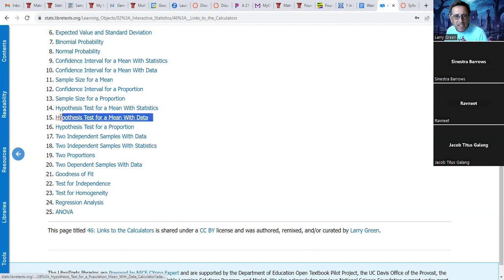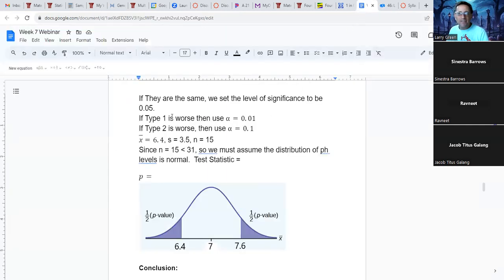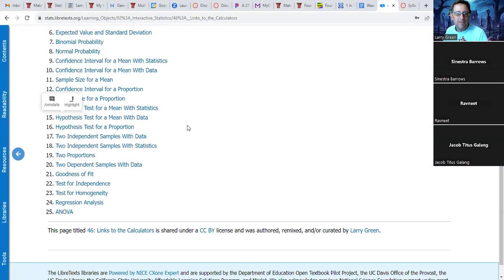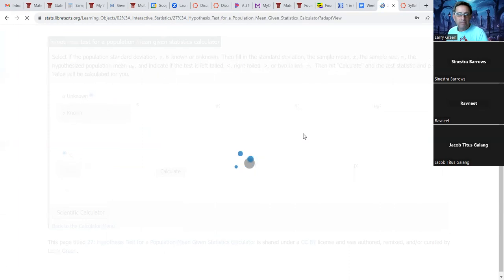You say 15. The problem with 15 is that it is with data, and I didn't give you data. I gave you statistics. Someone else said hypothesis test for a mean with statistics, and that's the one we've got. So I can click that one.